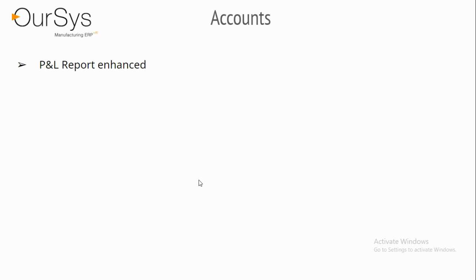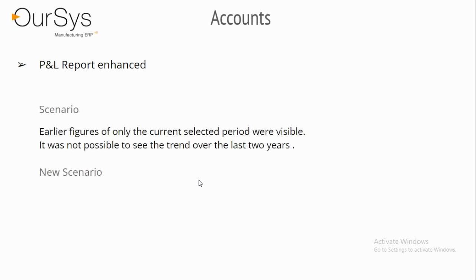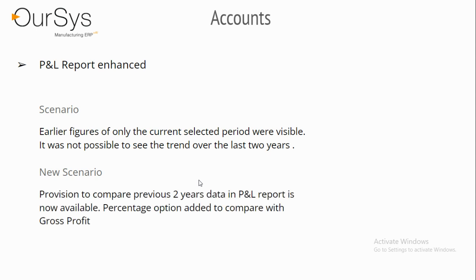Next, we have enhanced the P&L reports, the profit and loss reports. Earlier, in these reports, we only had the provision to see the current year figures. It was not possible to see the trend over the last 2 years.